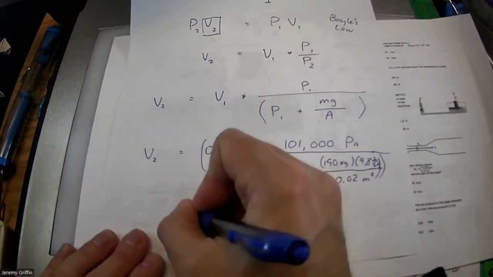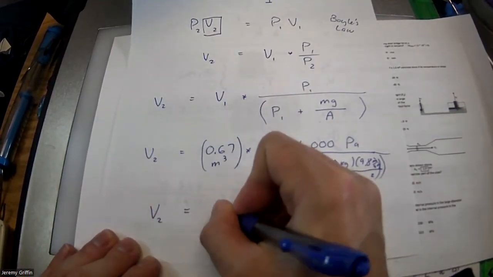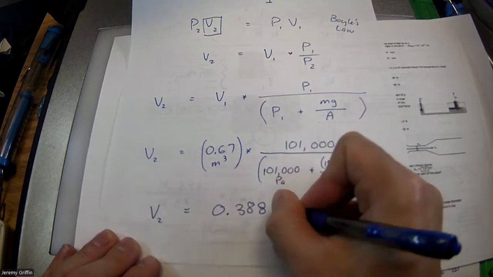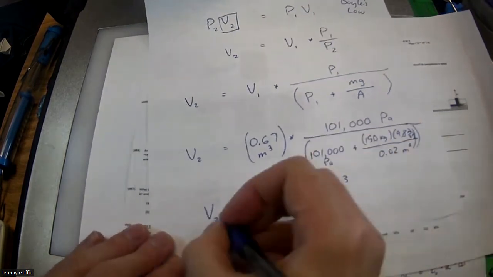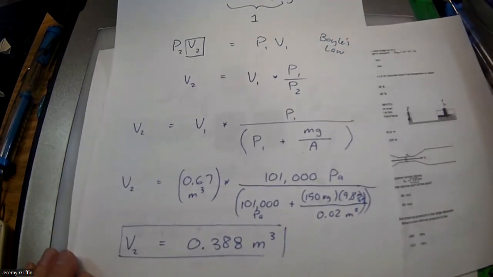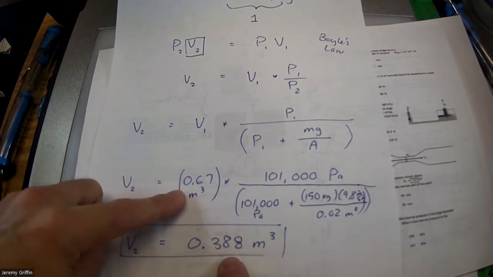Yeah, that is an answer choice. If you do it right, you should get a new volume that's smaller than the old volume.